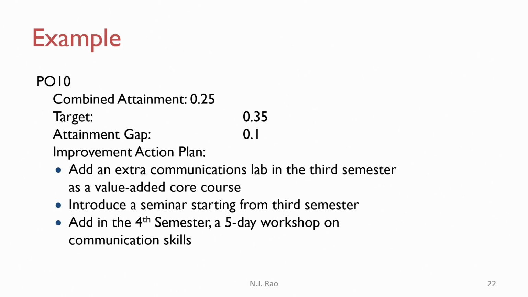To close this gap, the next time we offer this course, the proposed plan is this: we add an extra communications lab in the 3rd semester as a value added core course, or introduce a seminar starting from the 3rd semester. Add in the 4th semester a 5-day workshop on communication skills. That is how the specific action plans that you have will differ from teacher to teacher, from program to program.